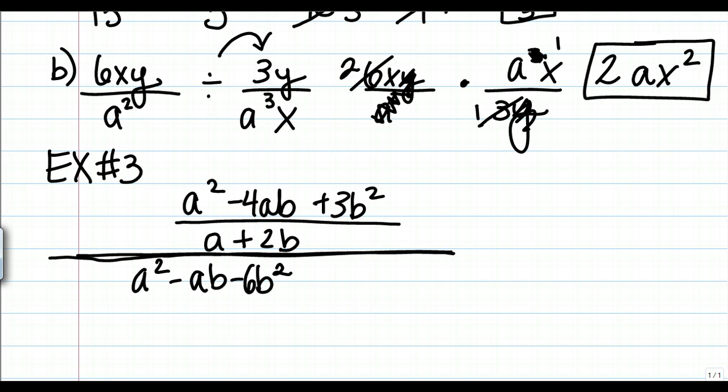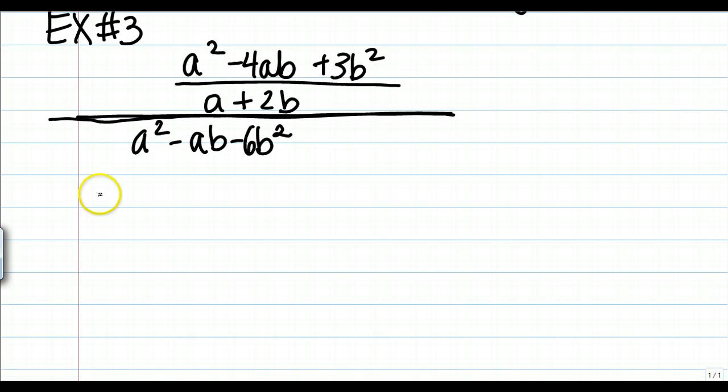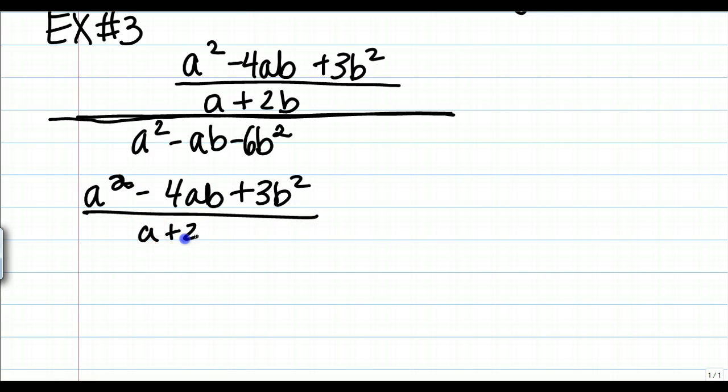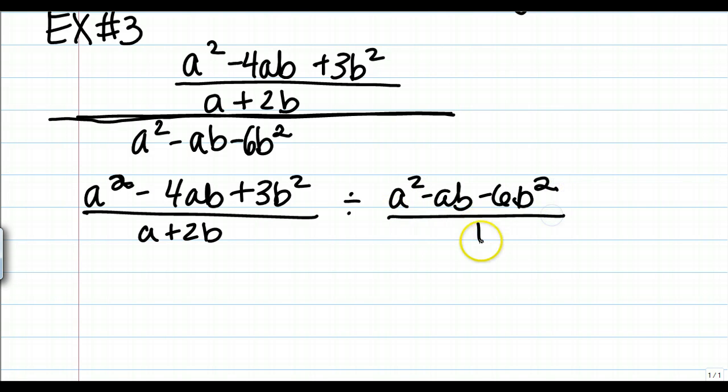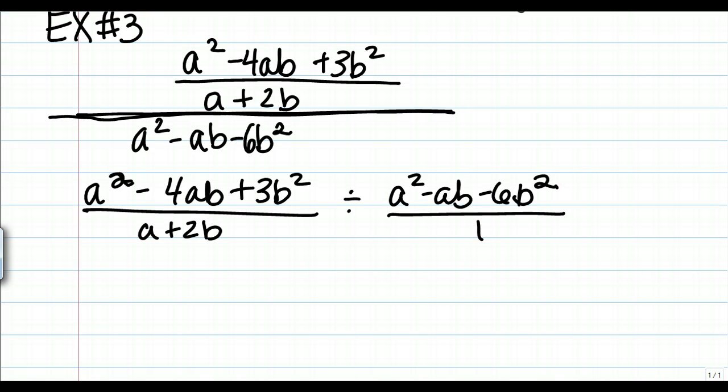So really, we can write this as a squared minus 4ab plus 3b squared over a plus 2b, divided by a squared minus ab minus 6b squared, and you know that this is really just over 1.